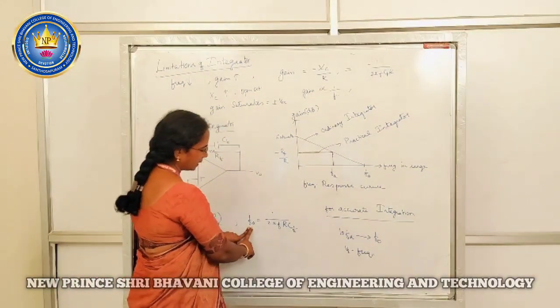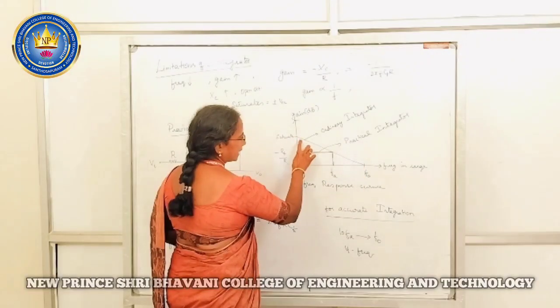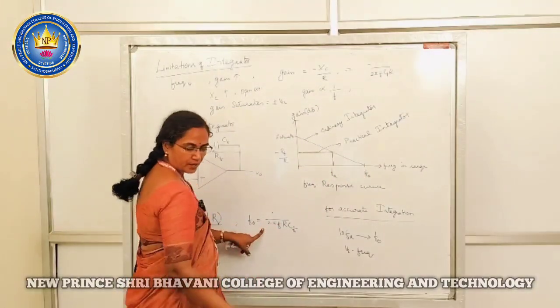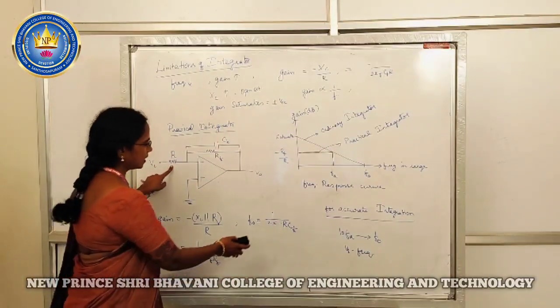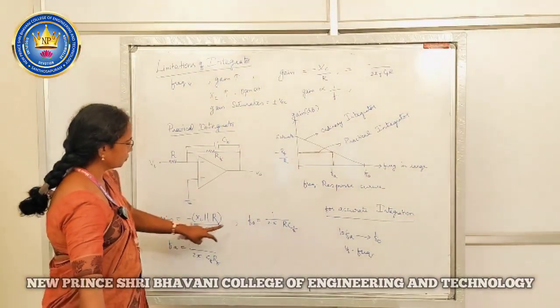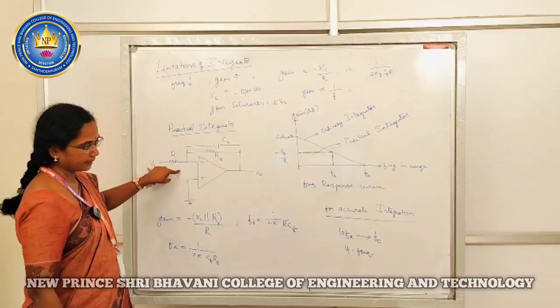In the normal integrator, we calculated the frequency where the gain touches the 0 dB line as 1 by 2 pi R Cf, where R is the input resistor. So these are the two frequency components we have to design for the integrator.